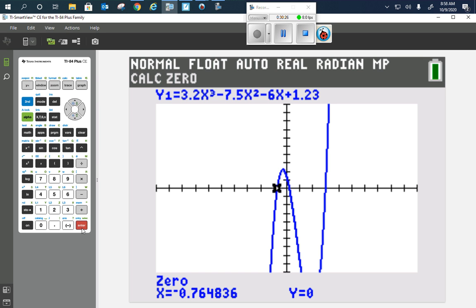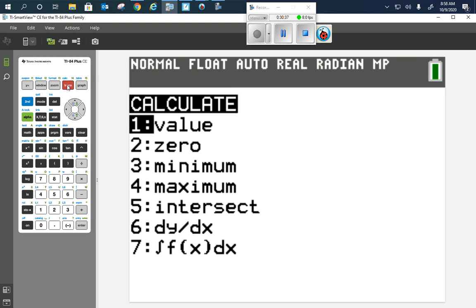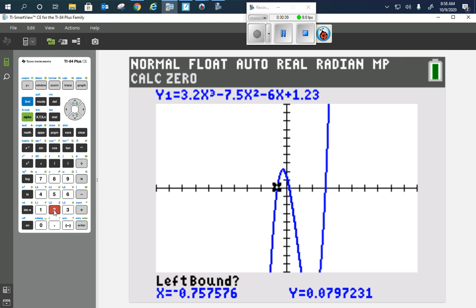Negative 0.764. Is that what you said? That would be truncated. Are we good with that? If you got to do the next one, guys, you have no benefit to start over. You just hit second calculate, 0. Go ahead and do those next two quickly, or ask me a question if you've got one.